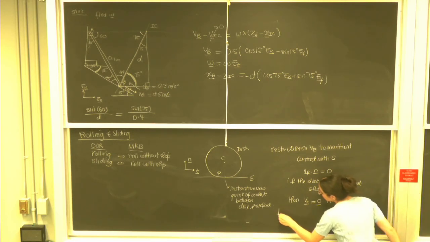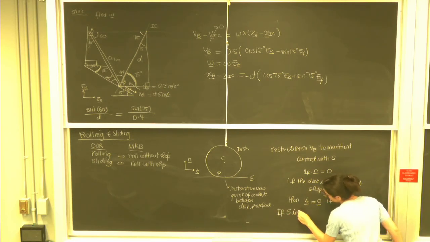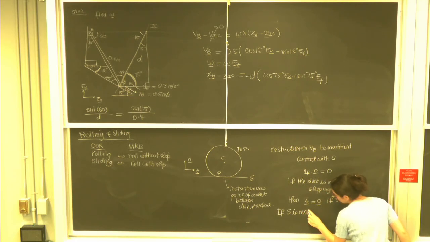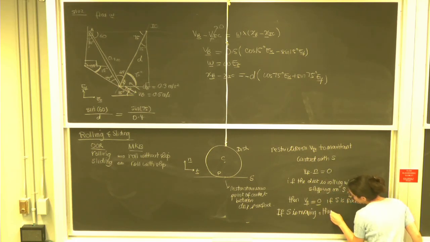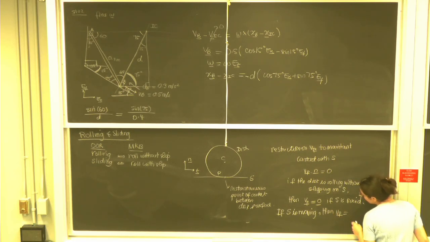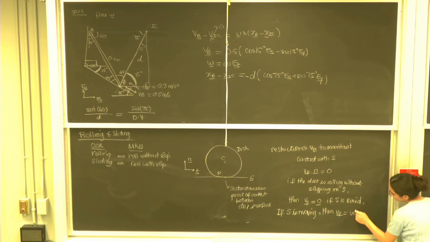If S is moving, then Vp is equal to the velocity of the point on S.